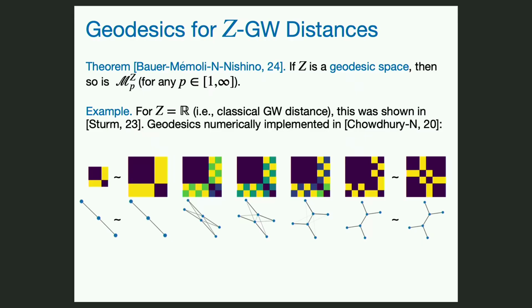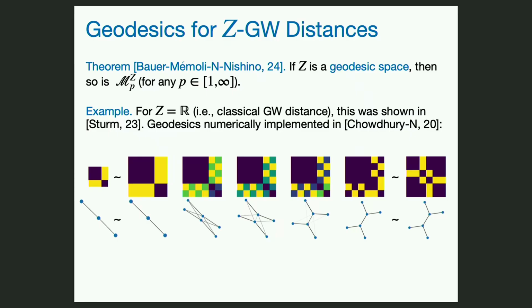So it was shown to be a geodesic space. In a paper with Samir Chowdhury, we implemented the formula for geodesics, which, if you read Sturm's paper, or our paper in fact, looks kind of nasty, I would say. But in practice, if you're dealing with finite spaces, you can implement it fairly efficiently.